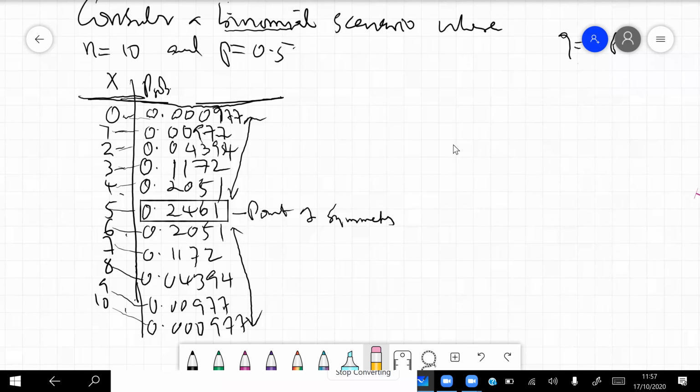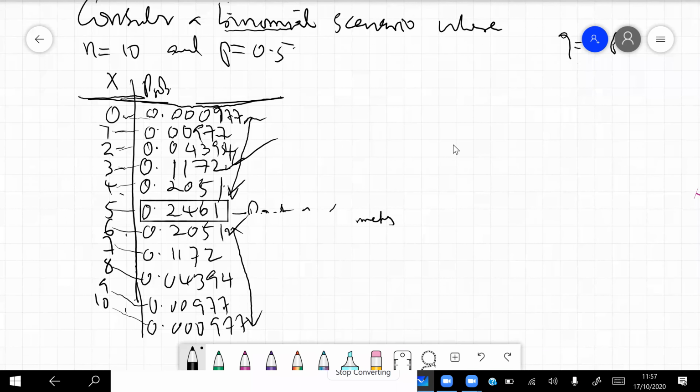As you can see, at the point x is equal to 5, we have some symmetry, because there seems to be a reflection of all the points. This point comes here, this point comes here, this one comes down here, and so on.